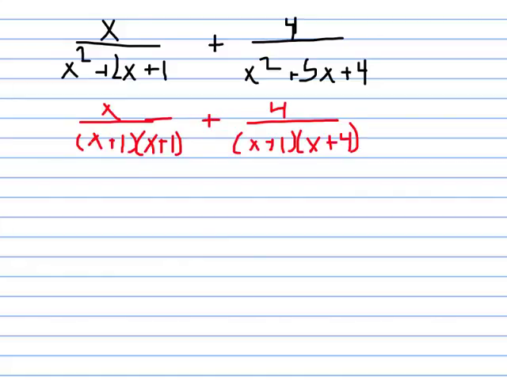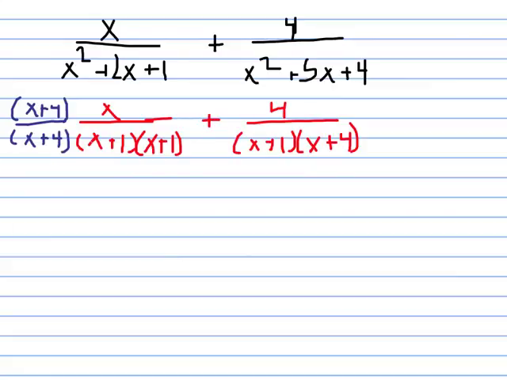Alright, so we need to balance out our denominators here. On the left side, I have x plus 1 times x plus 1. And on the other side's denominator, I have x plus 1 times x plus 4. Now over here, on this side, we're missing this x plus 4. So we need to multiply the numerator and the denominator by whatever that side is missing.